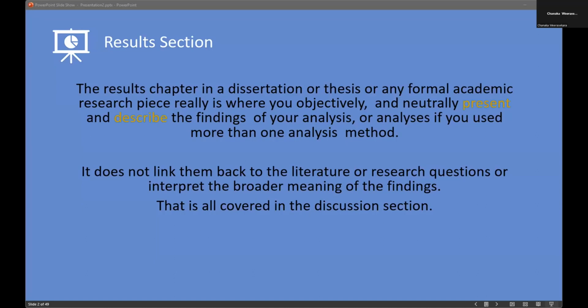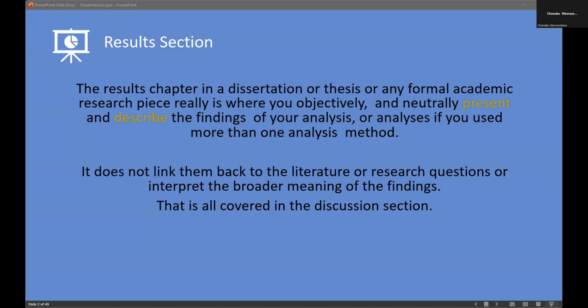It's again, I should mention that it's one of the most important chapters also in your dissertation or whatever academic writing, as it shows the reader what you have found, in terms of maybe qualitative or quantitative data you collected, and it presents the data using clear maybe text, maybe narratives, maybe tables, graphs, charts, right?